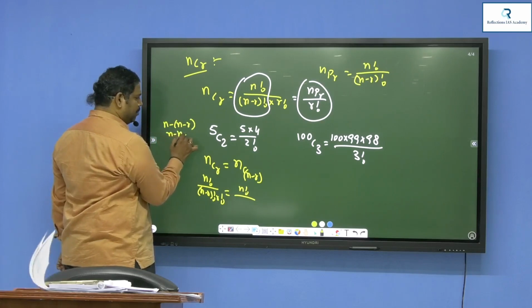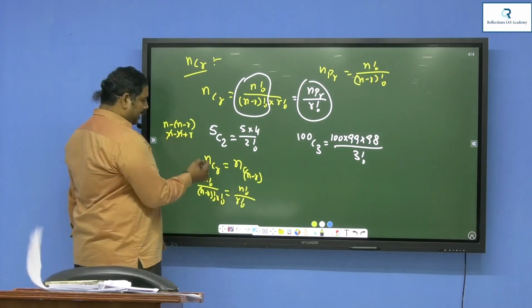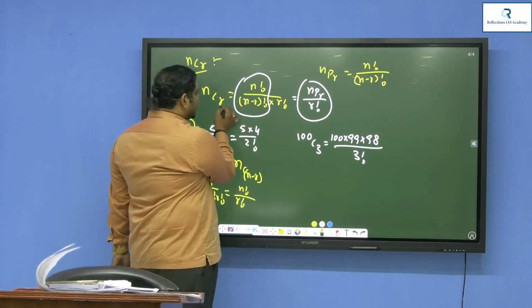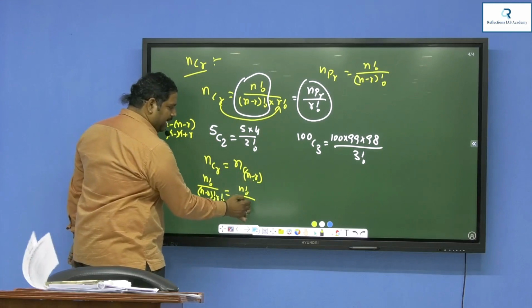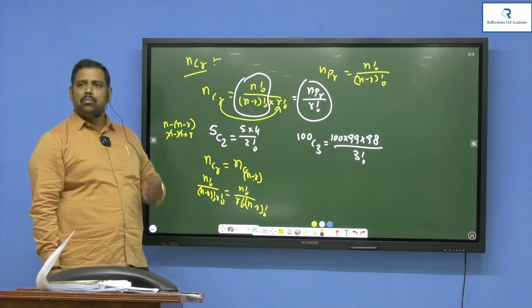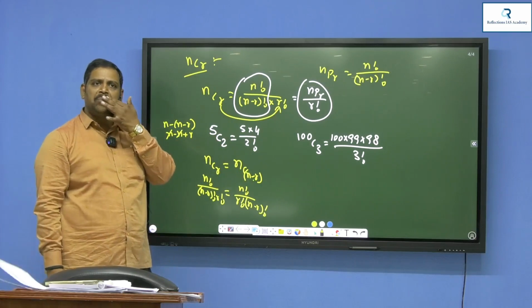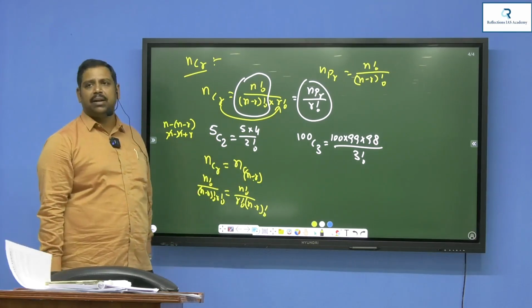What's the difference? n minus n plus r, cancel. So you get r factorial, into (n minus r) factorial, which you write as is. Now observe, both are the same. That is the advantage of nCr equal to nC(n minus r).